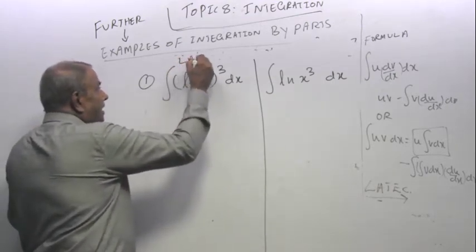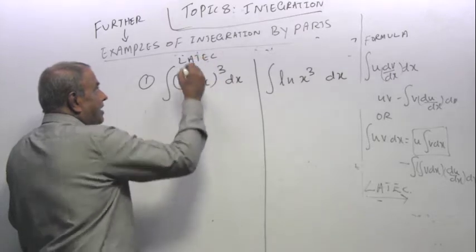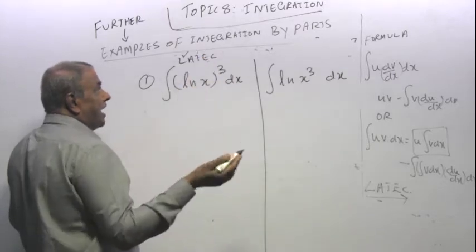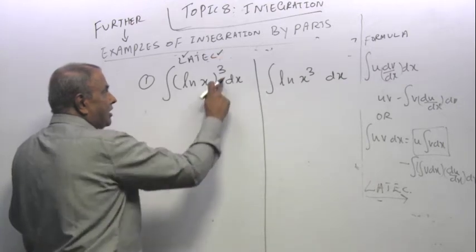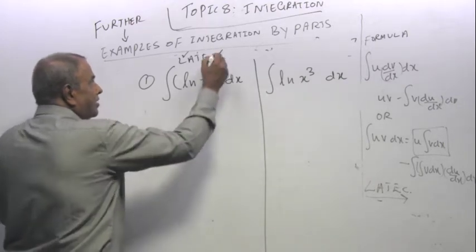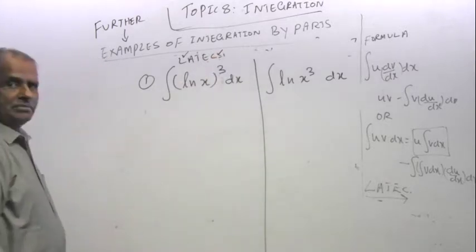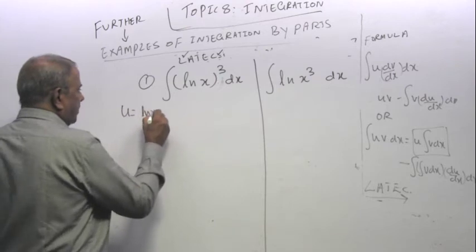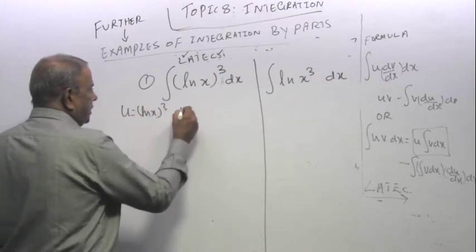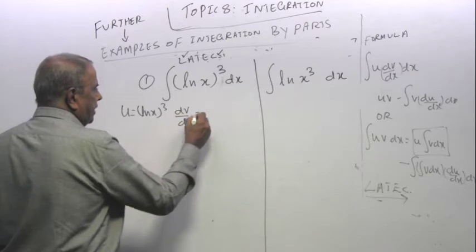L, A, T, E, C. I have an L. I don't have a C, so I'll put a times 1 and I call it a C. C is 1. Okay. So your u is ln x the whole cube, dv by dx is 1.